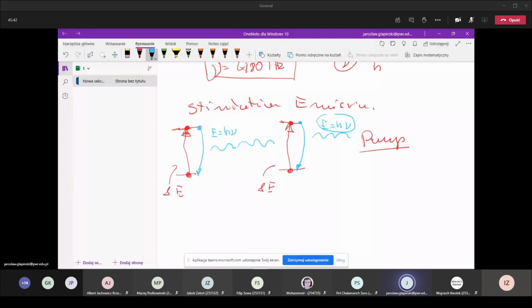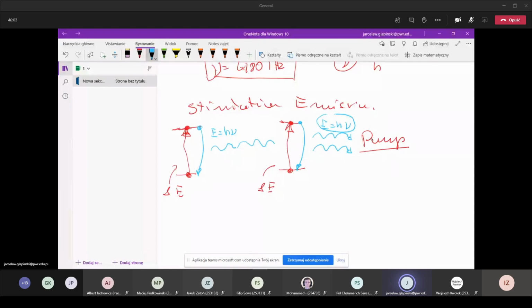But we've got also this one, so we've got two photons, two parts of the stimulated emission. This is both the electromagnetic field and the photons.